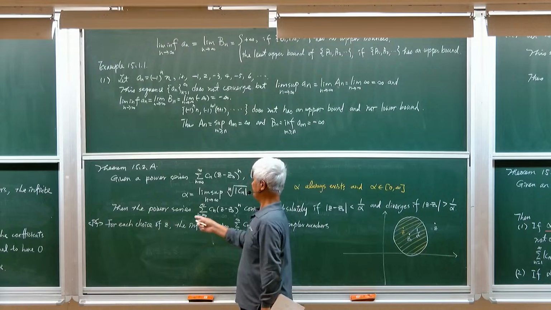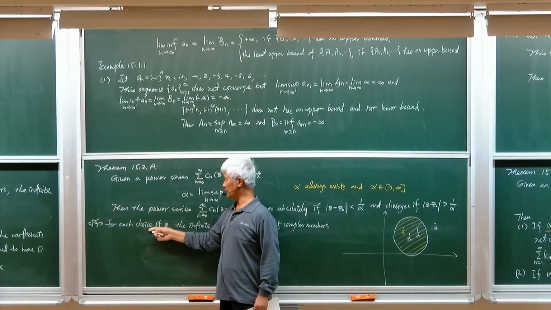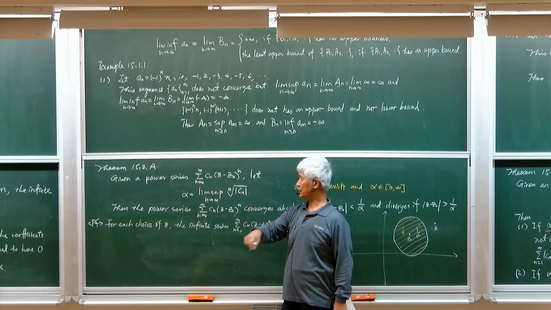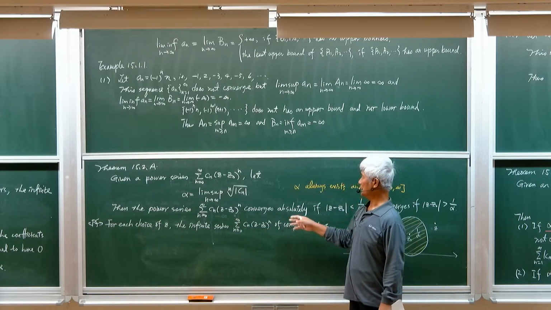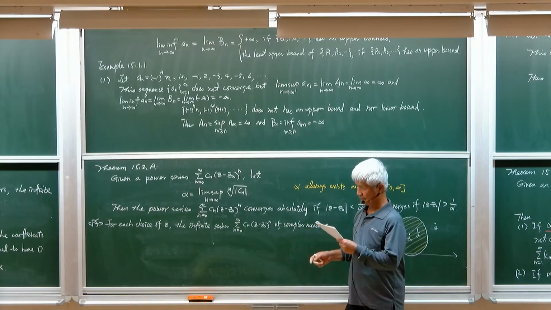For each choice, which means that we have assigned a value to z, this infinite series becomes an infinite series of complex numbers.